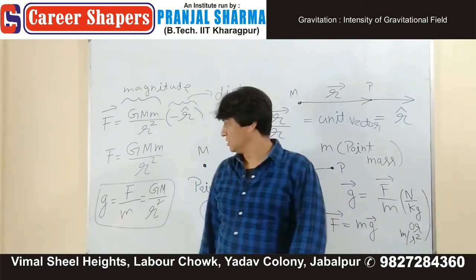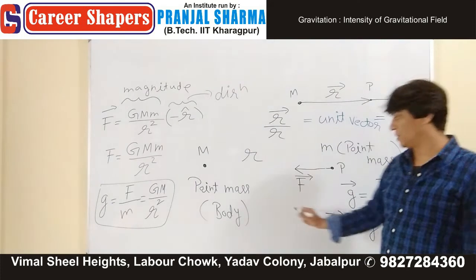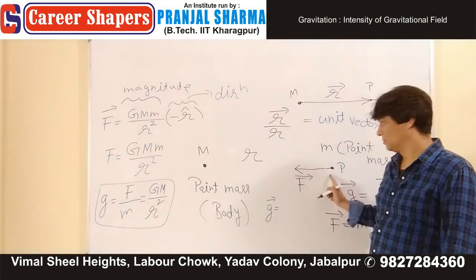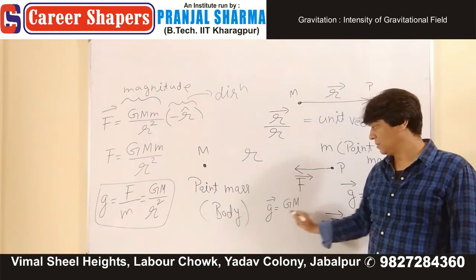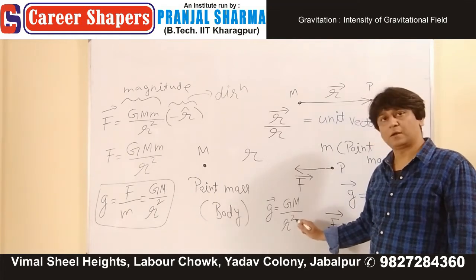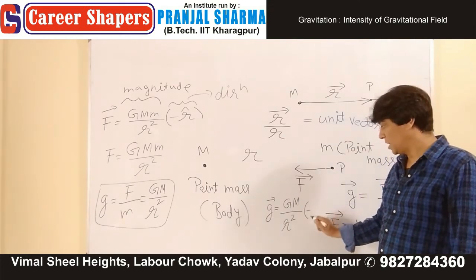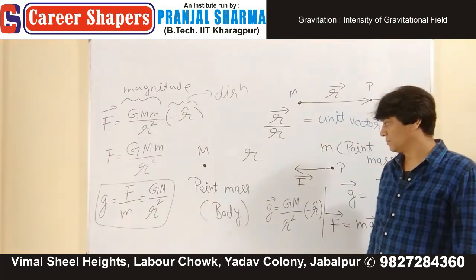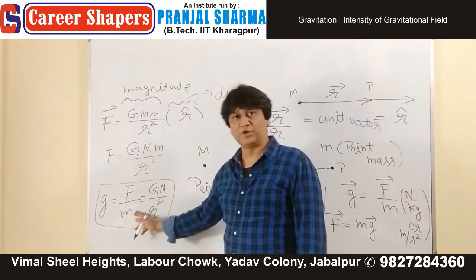So if somebody says find out G in vector form, the answer will be GM divided by r square, this is magnitude. What is the direction? Minus of r cap.